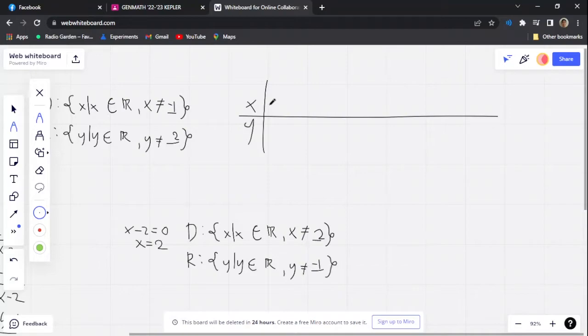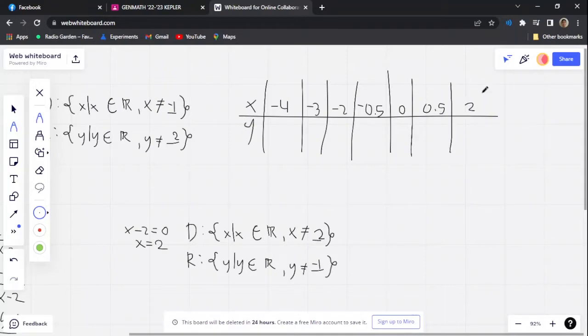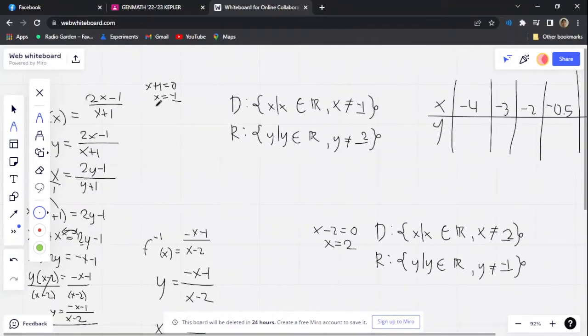So we set points, for example, negative 4, negative 3, negative 2, negative 0.5, 0, 0.5, 2, and 3. To find y, we substitute the x values into this expression.